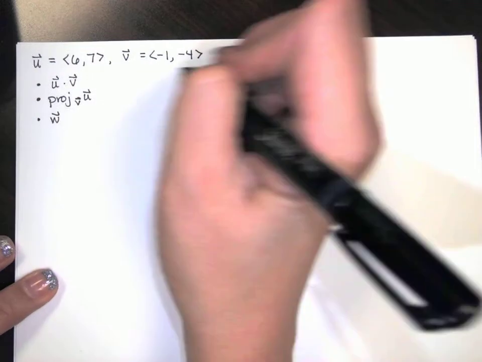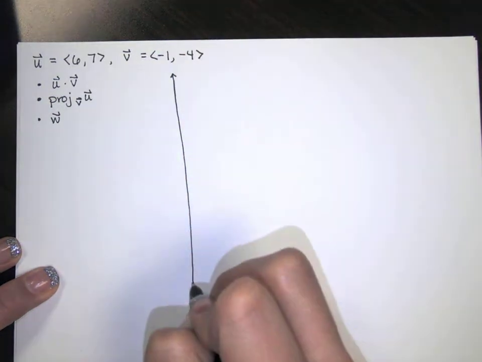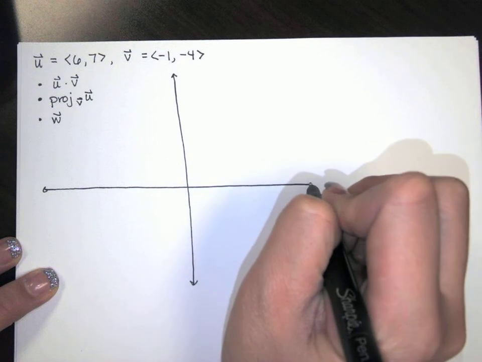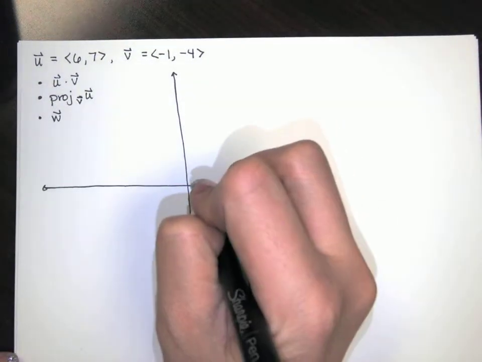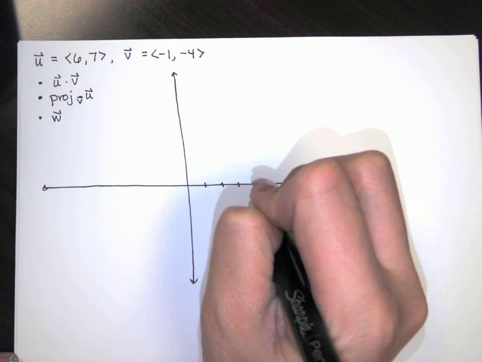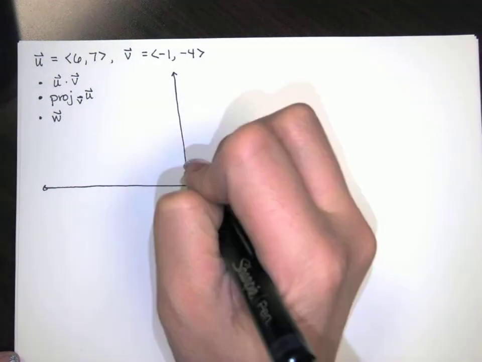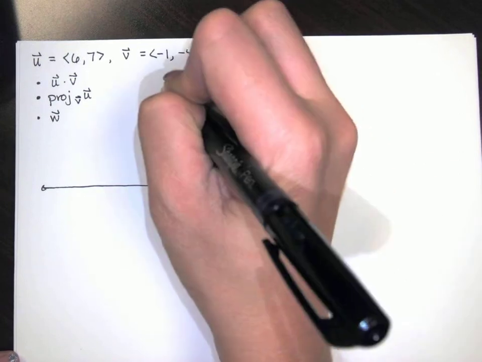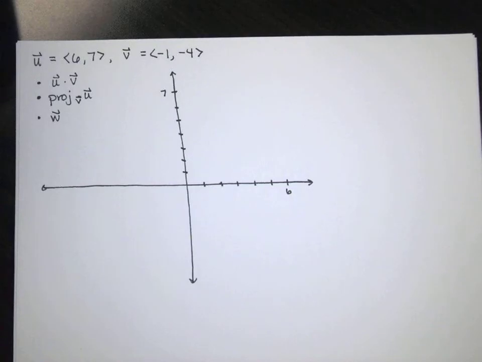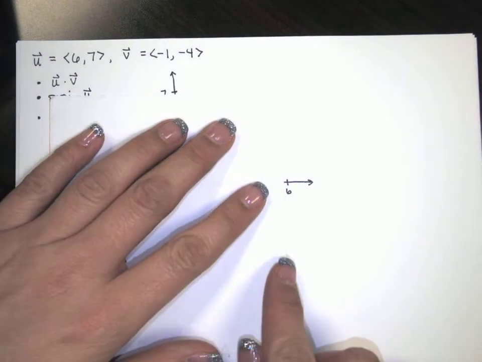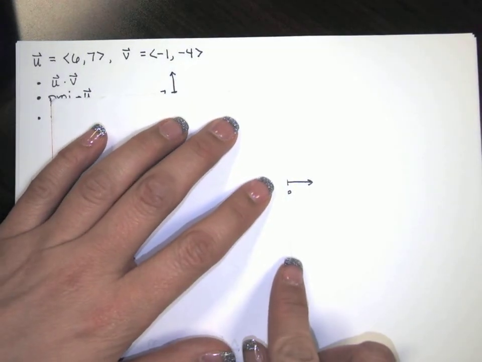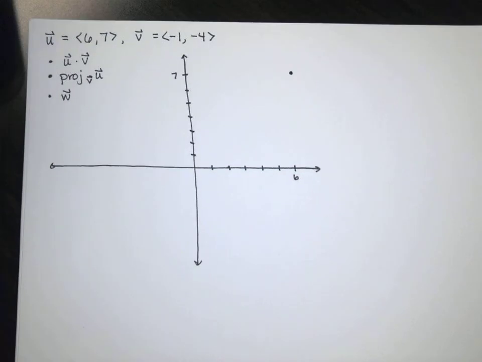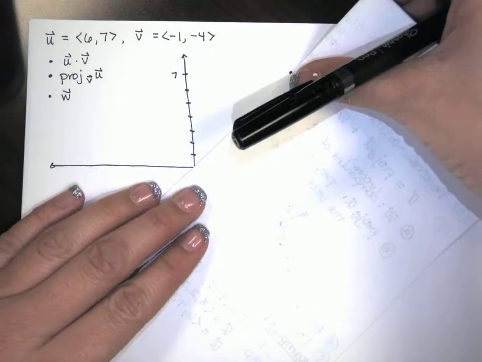Okay. And just to visualize what's going on, I'm going to draw myself a picture. I'm going to go 6 units in the x direction, 7 units in the y direction, and use a piece of paper to plot that point. It's the terminal point of my vector u. It's a vector with components 6 and 7.